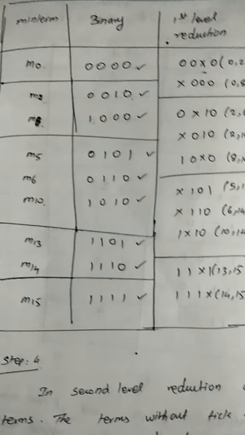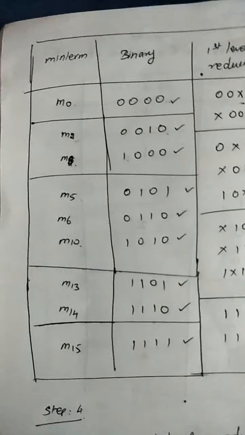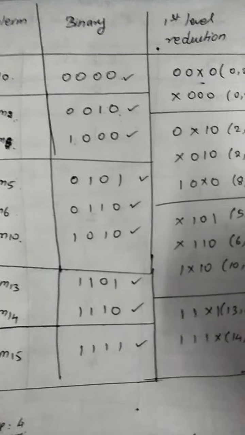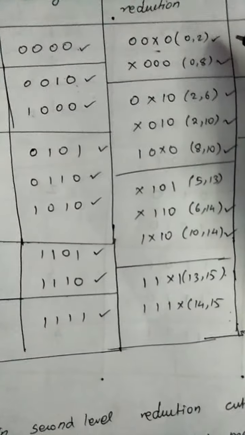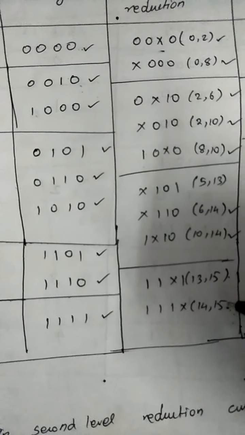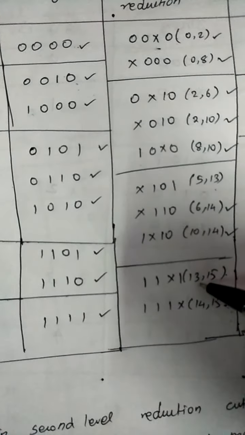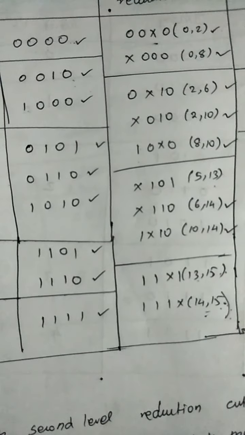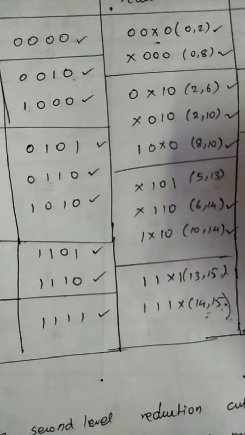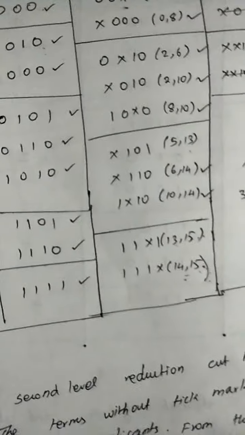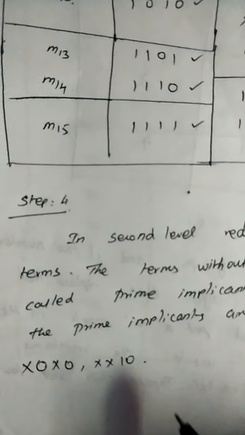Then the next step is to find the prime implicants. The terms without tick marks are called prime implicants. In the first level reduction there are three terms without tick mark: 5,13, 13,15 and 14,15. In the second level reduction there are two terms, so totally 5 prime implicants: x101, 11x1, 111x, x0x0, then xx10.